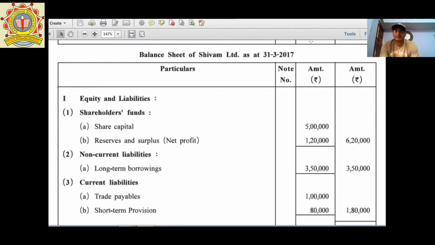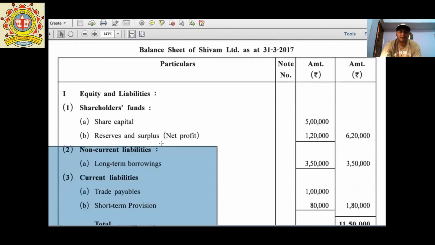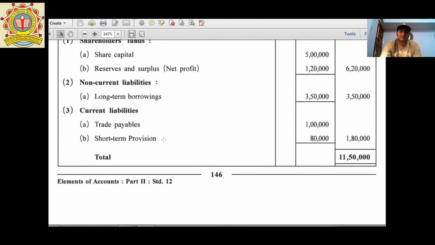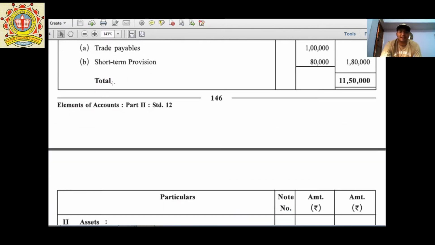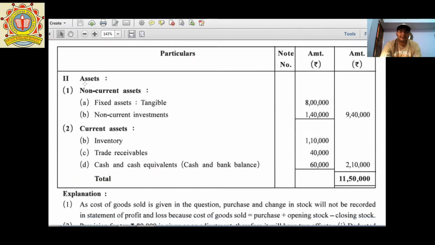Next one is the balance sheet, where it includes equity and liability, shareholders' fund, share capital, reserves and surplus, non-current liability, where it is long-term borrowings, current liability, which includes trade payables, short-term provisions, and the total of equity and liability. Next part is assets, non-current assets, that includes fixed assets, non-current investment.